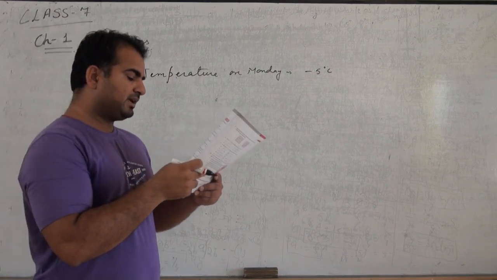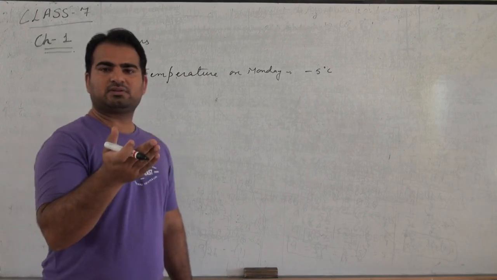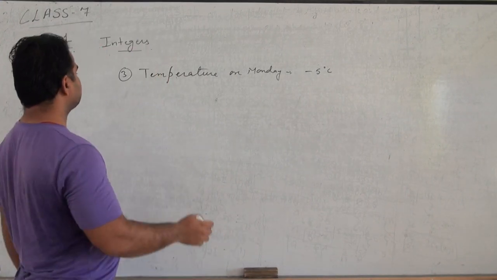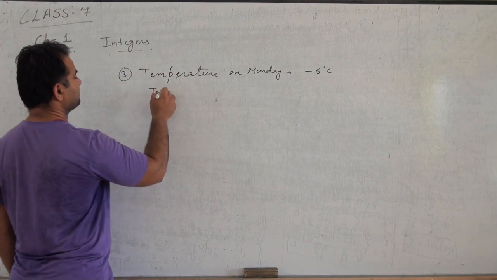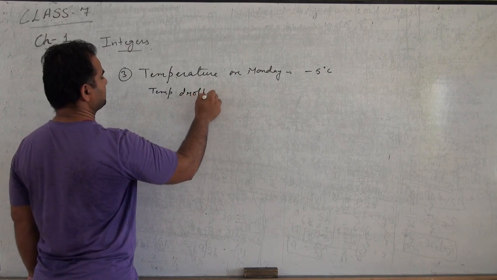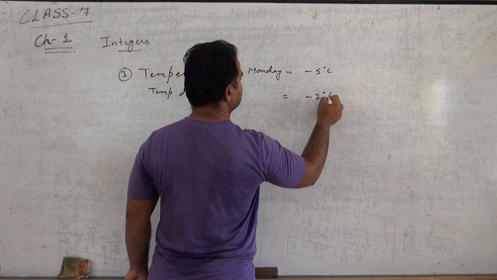Then it dropped by 2 degrees on Tuesday. Drop means it goes down. What we will say is temperature drop equals minus 2.